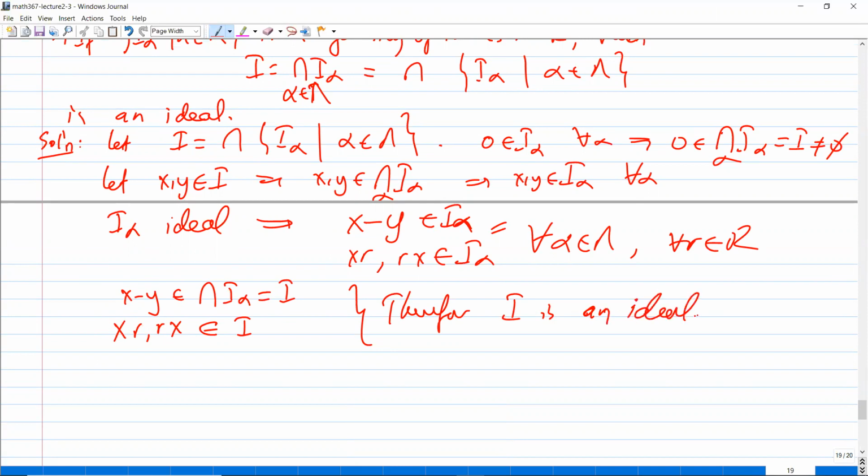The intersection of any family of ideals is an ideal.